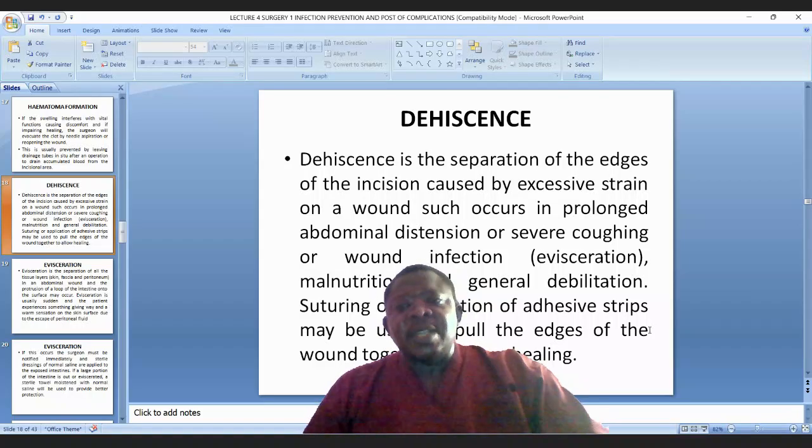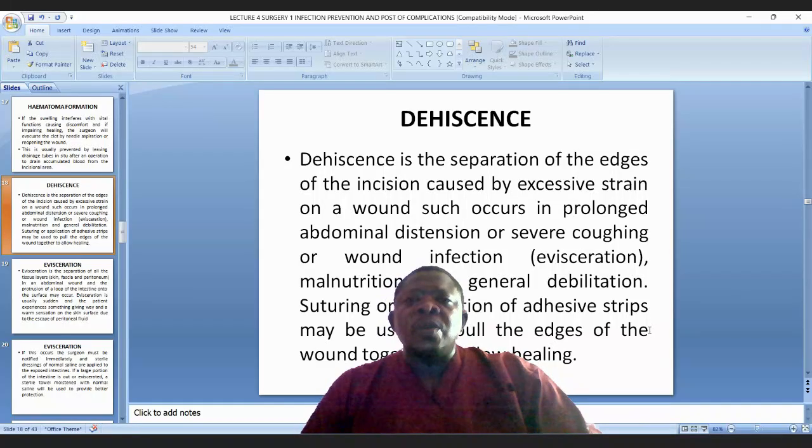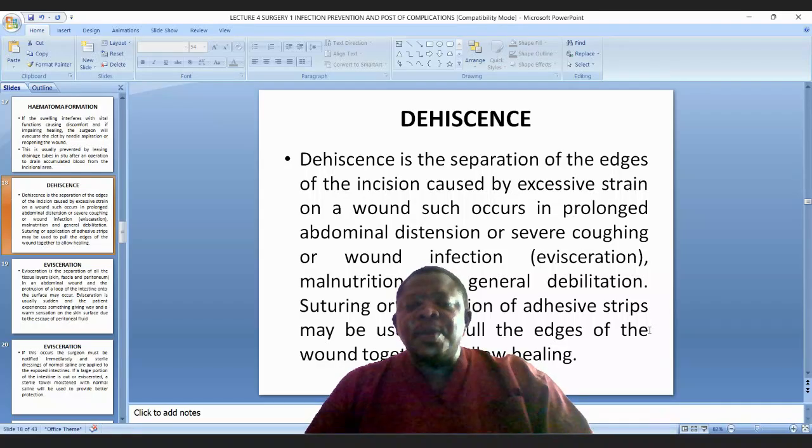It may also occur if the patient has malnutrition or general debilitation. Suturing or application of adhesive strips may be used to pull the edges of the wound together to allow healing. To prevent wound dehiscence, you need to ensure that the patient has the right weight for proper surgery, is not malnourished, and is treated for respiratory tract infection that may cause abdominal cavity pressure buildup when they are coughing.